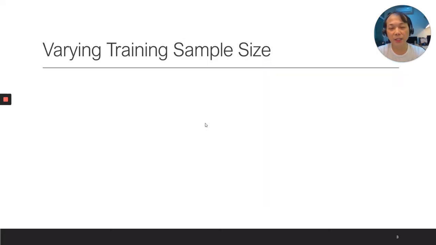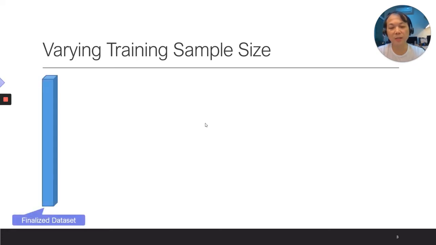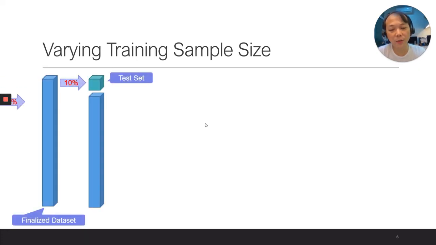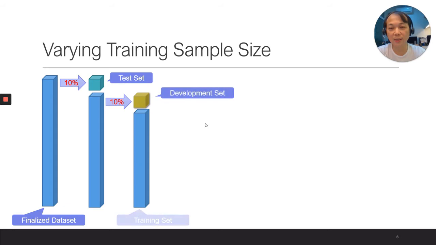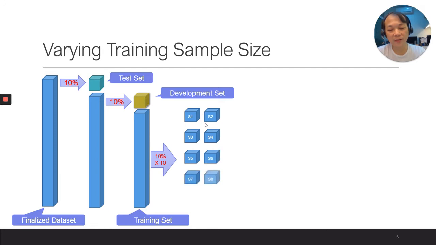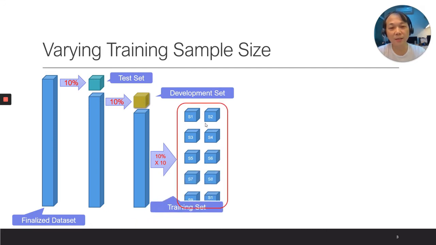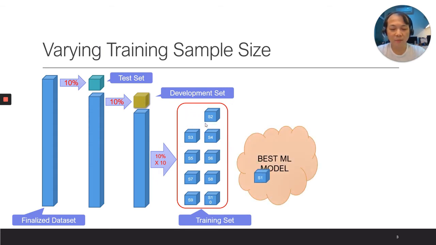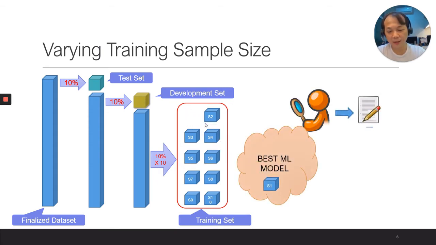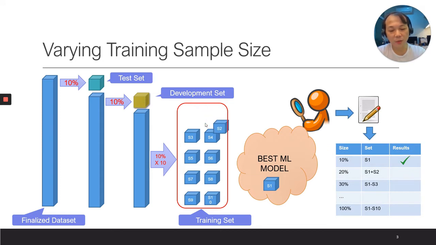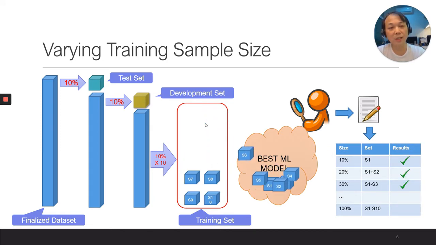Varying training sample size. Typically, we will split our dataset into test, development, and training sets as follows. However, for the purpose of this experiment, the training dataset will be further divided into 10 equal subsets as described here. We will then incrementally feed each subset by subset into the machine learning algorithm and record the results accordingly.